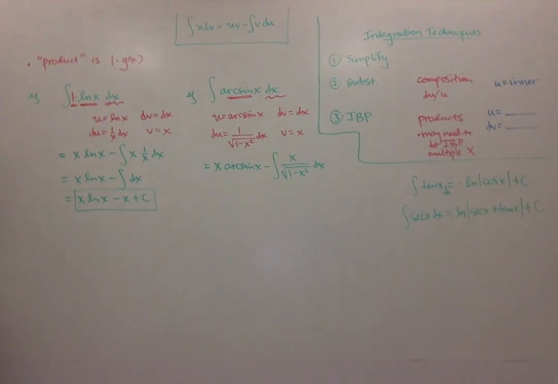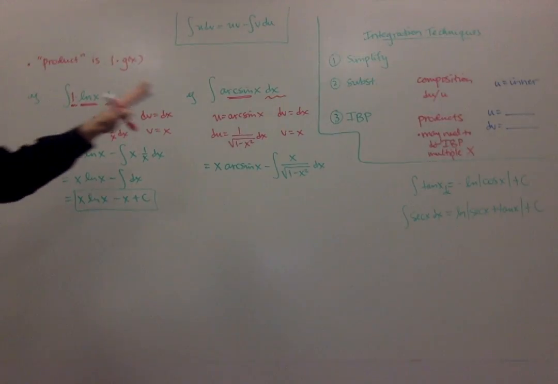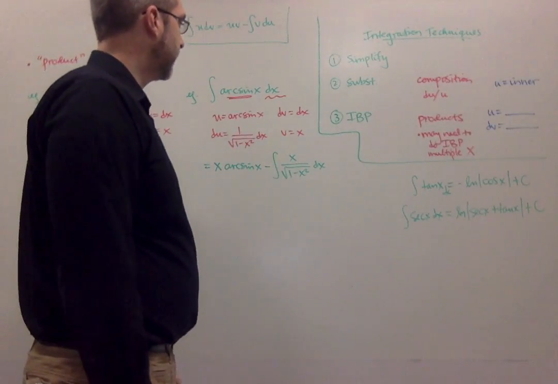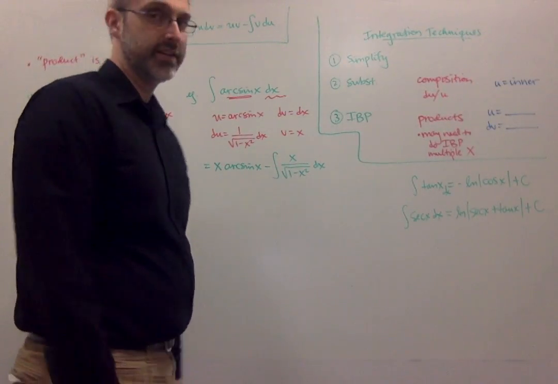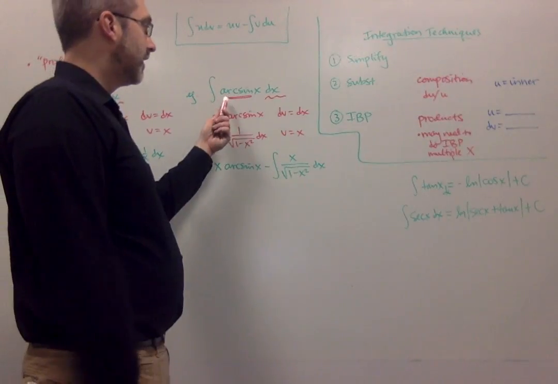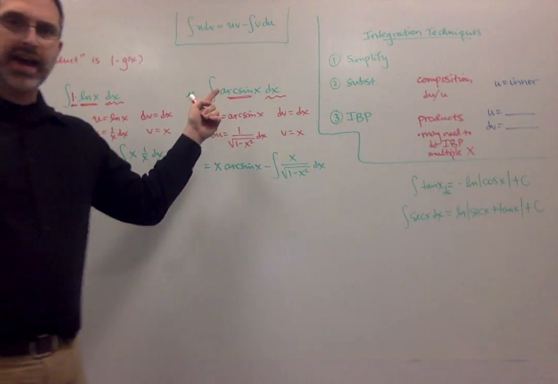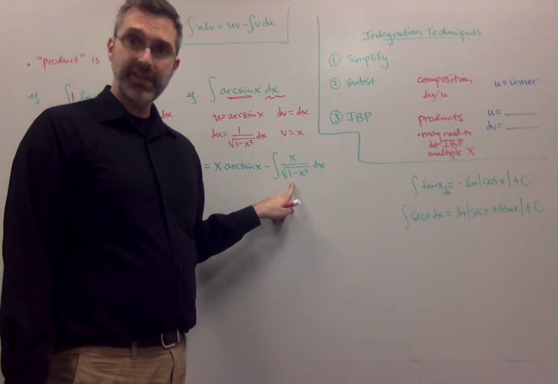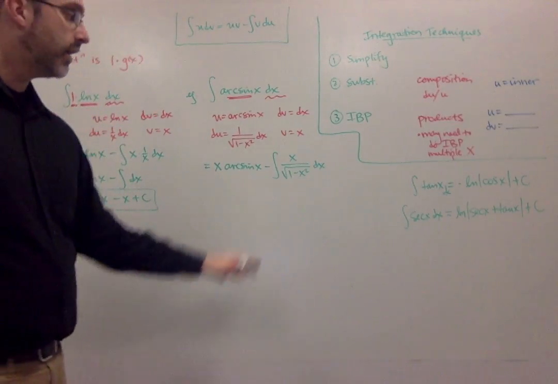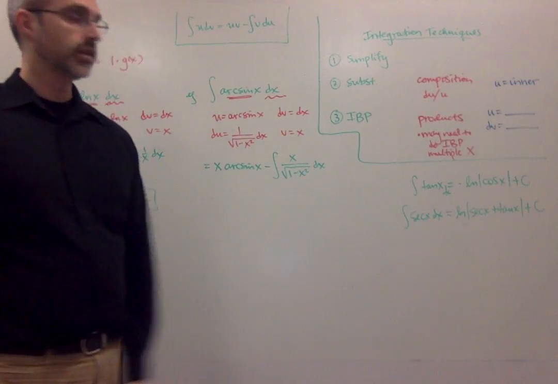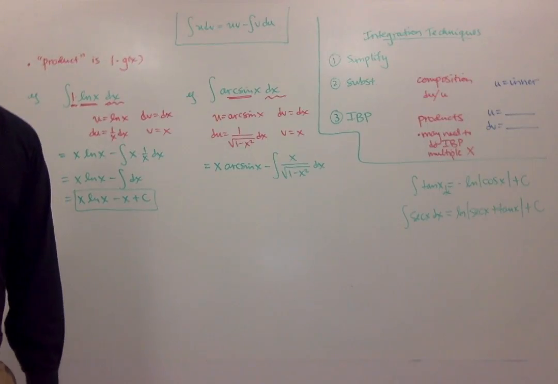Okay? Now comparing integrals, you look at this and you look at this, you might think, well, that's a little more complicated. But in fact, arcsine, I have no idea what to do with that. This is something that we've seen before that we can actually do something with. How would I do that integral?